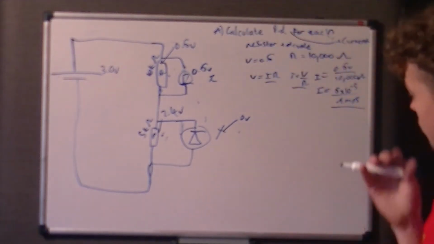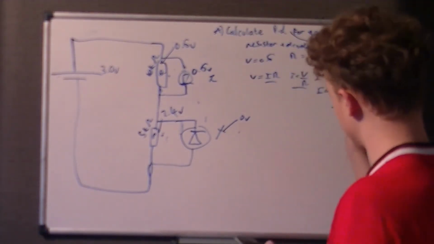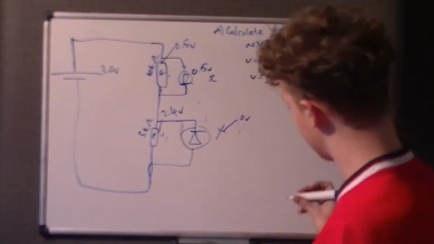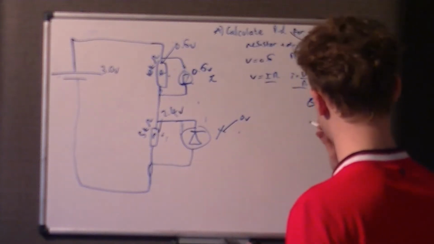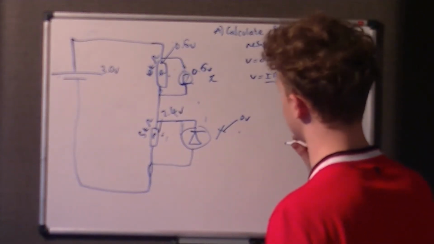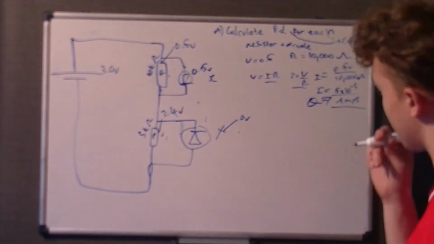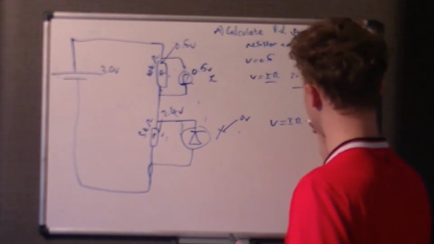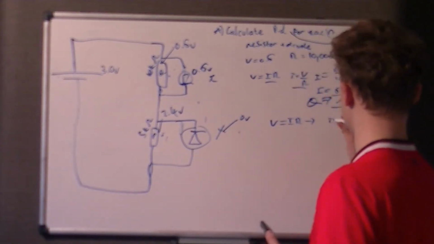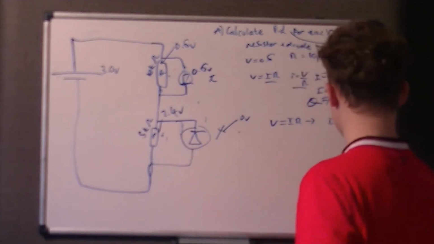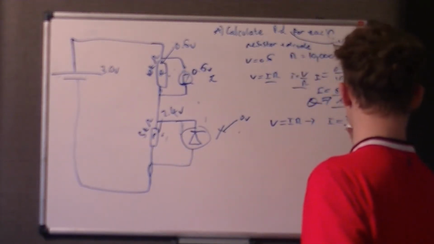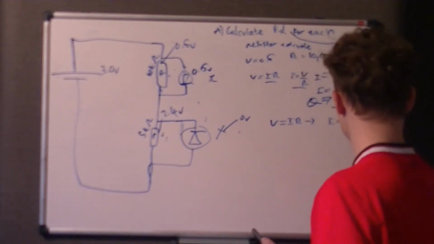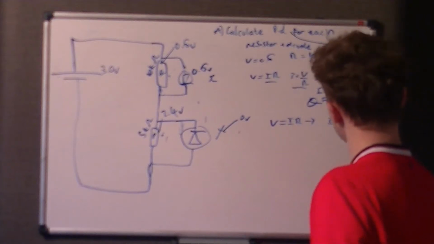So, what do we know? Well, so far we've worked out that's the current at Q. So the current at Q is that. And the current at P, yeah. Is this the right way to go about this question? I'll just do it anyway. So V equals IR, so I equals V over R. So I equals, for P, 2.4 volts over 5,000 ohms.